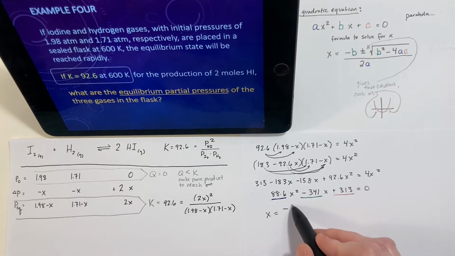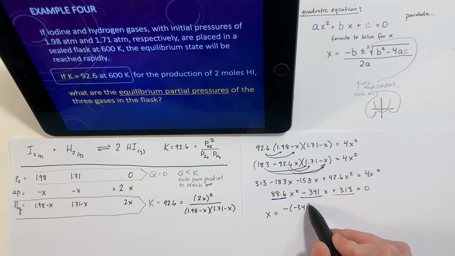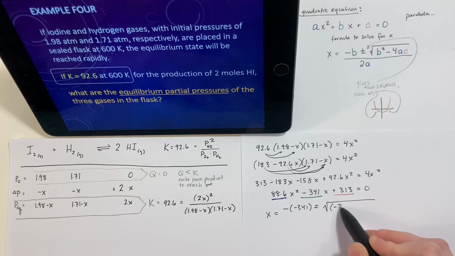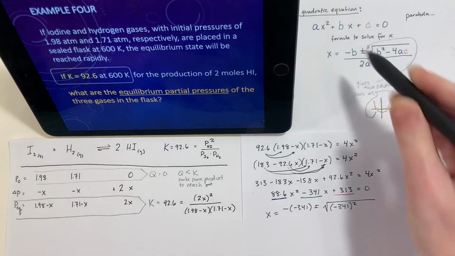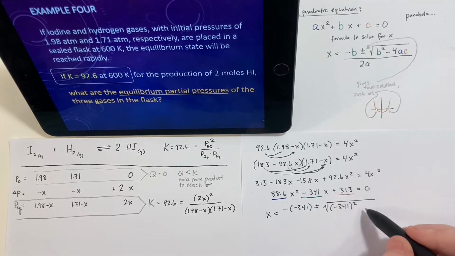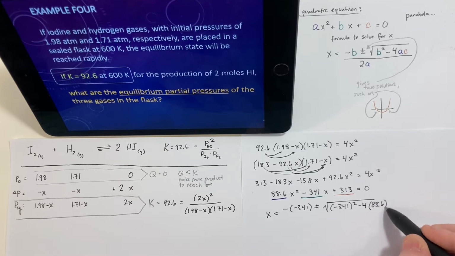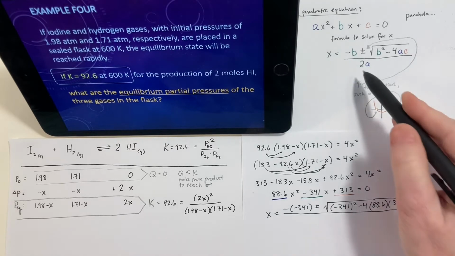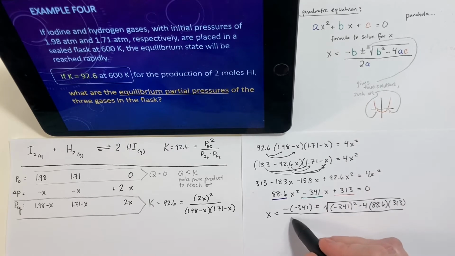So it's negative a negative 341 plus or minus the square root of our negative 341 squared. That's b squared minus 4 times the a times the c. And then that entire thing is over 2 times the a.